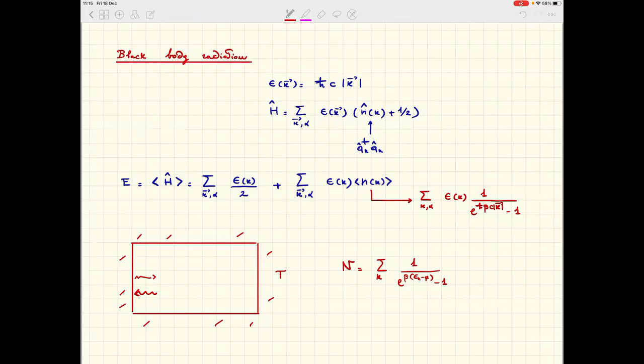So that's why the chemical potential is not present, because the chemical potential is in practice a Lagrange multiplier that tells you how much free energy you have to pay in order to create and annihilate particles. And this is not something that happens for photons.